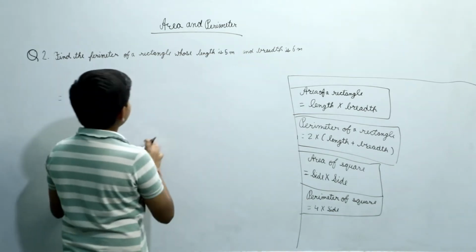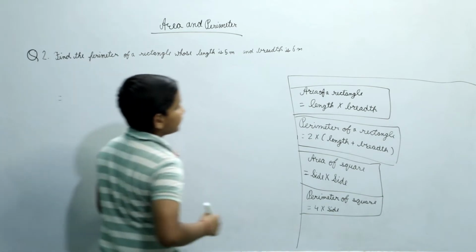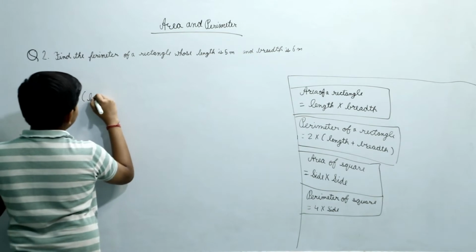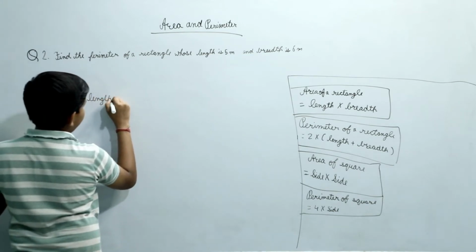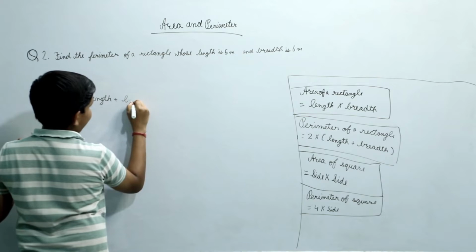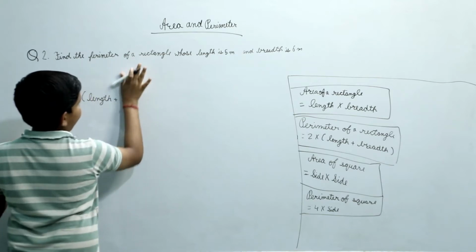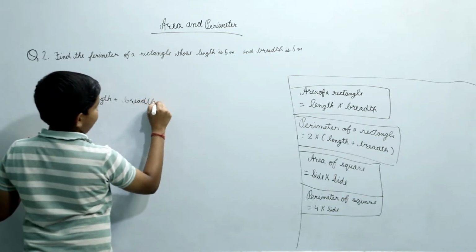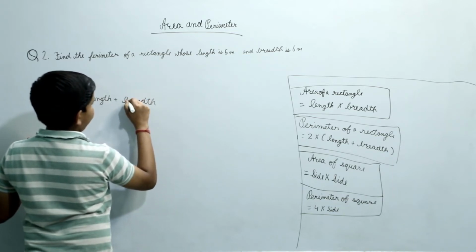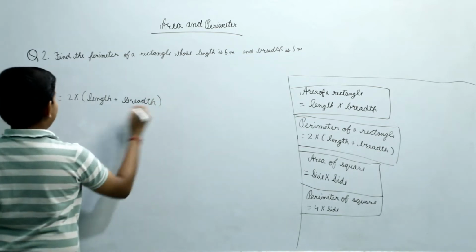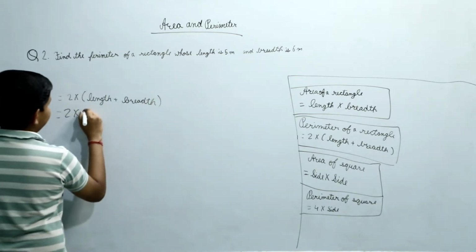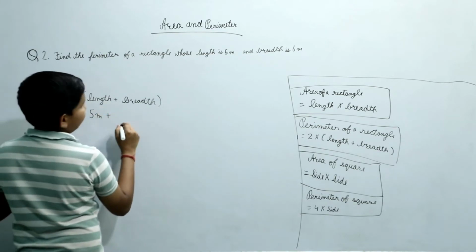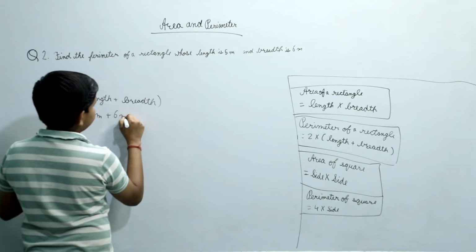The formula to get the rectangle perimeter is 2 into length plus breadth, length plus breadth. Now, I will rewrite this question as 2 into, instead of length, I am going to write 5 meters, and instead of breadth, we will write 6 meters.